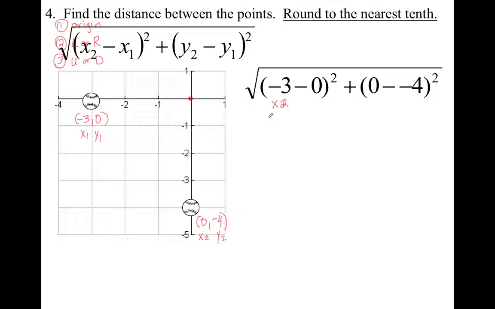Oh, excuse me. I'm glad this came up. What I want people to understand is this. It does not matter which point is your first point and which point is your second point. Notice that in this illustration, my second point is right here.